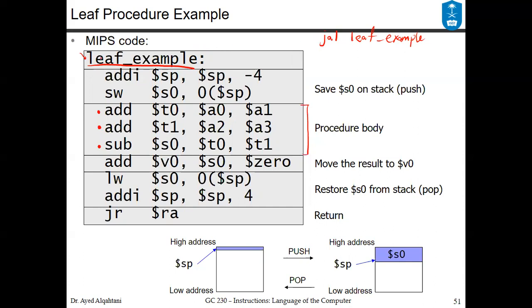This way we come here. Also, jump and link, one of its jobs, it saves the instruction right after jump and link in the register RA.